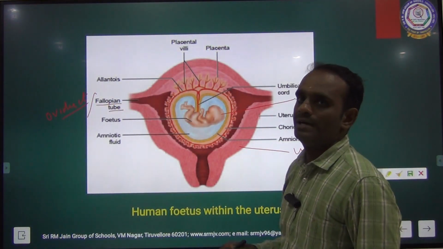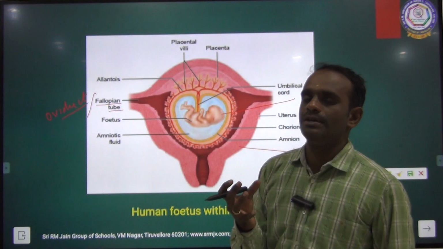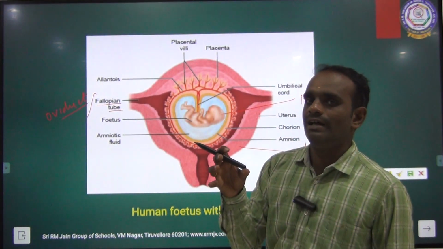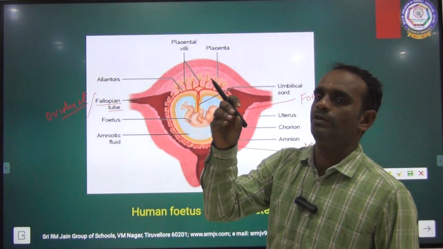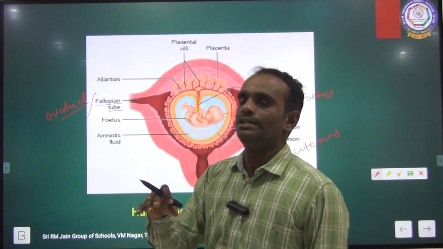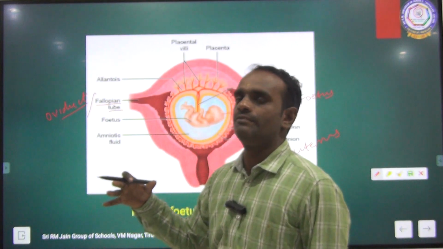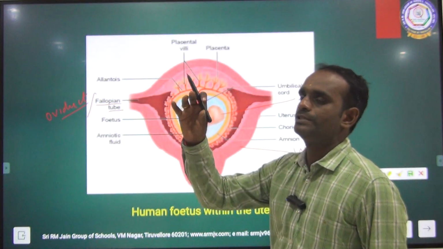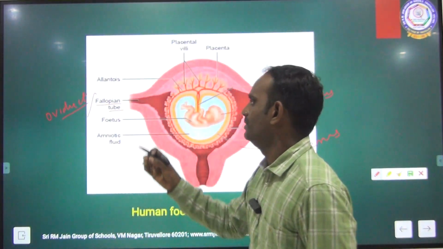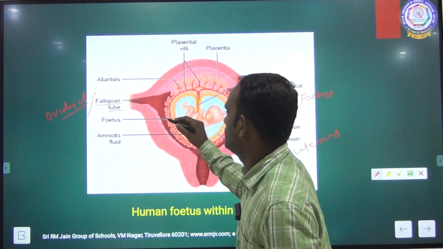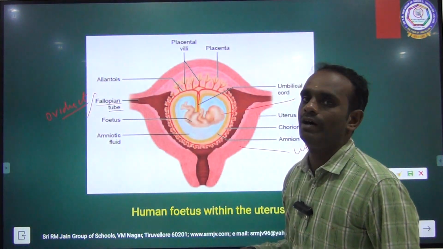Once the fertilized ovum is present in the fallopian tube, it divides into many stages, slowly comes out from the fallopian tube, and is attached in the uterine wall.